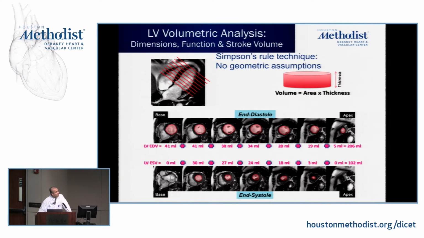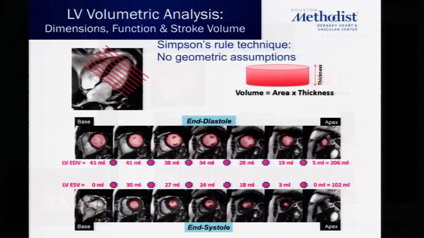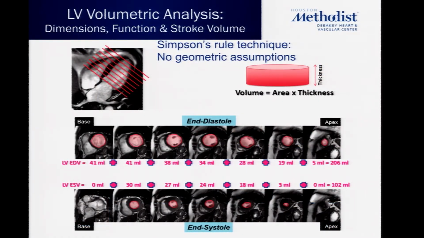And the way that we generate volumes by CMR is actually by using the true Simpson's rule of discs, where essentially every single short axis slice here is imaged. These are sequential slices every 10 millimeters apart. And we make sure that we line this up so that we're starting at the base of the heart, going all the way down to the apex, and make sure that we're perpendicular to the long axis of the heart.